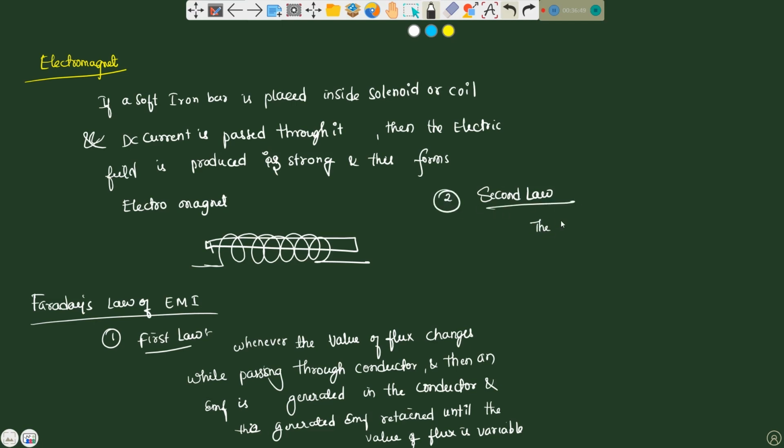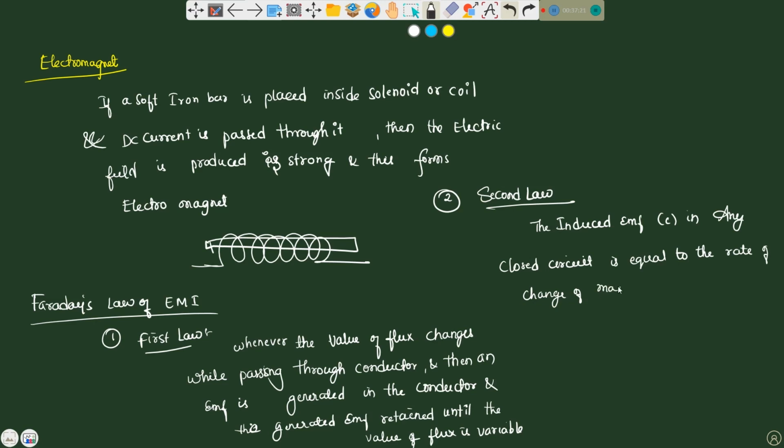The second law says, the induced EMF E in any closed circuit is equal to the rate of change of magnetic flux linked by the circuit.